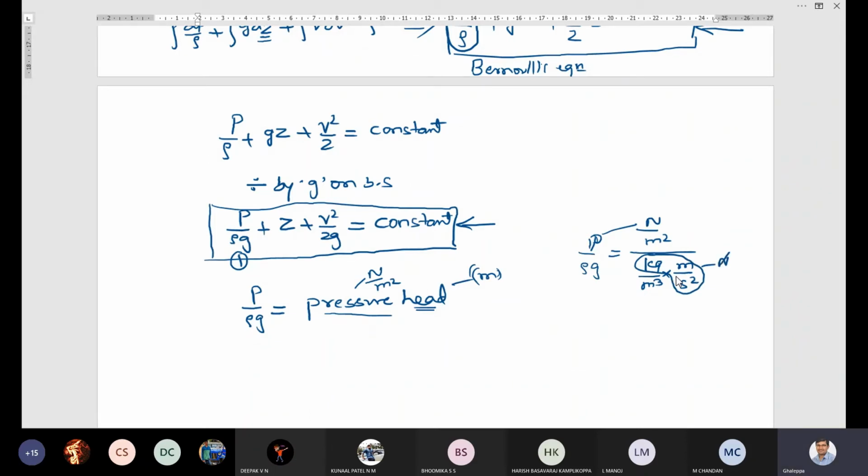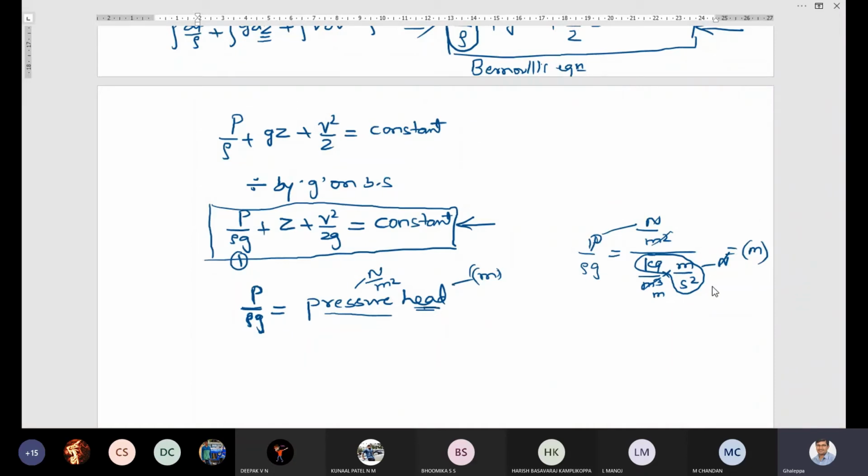So this Newton gets cancelled. Here meter square is there, so 1 meter square gets cancelled. The remaining is meter, that is in the denominator of the denominator. If you take it in the numerator, it will become meter. Understood? Be careful. When you divide pressure by rho g, the unit will be in head, that is meter.